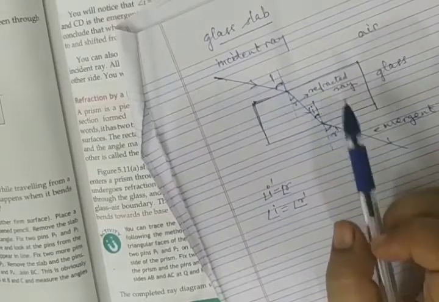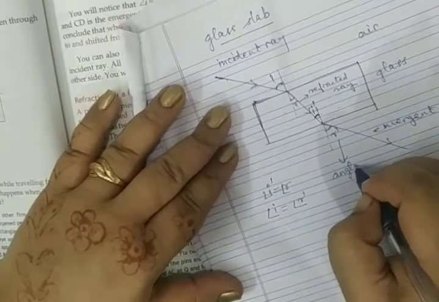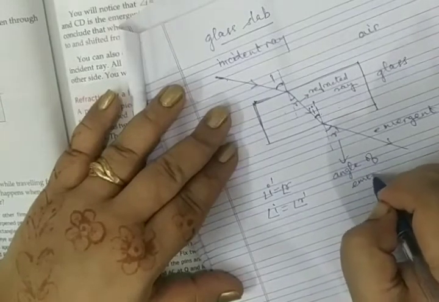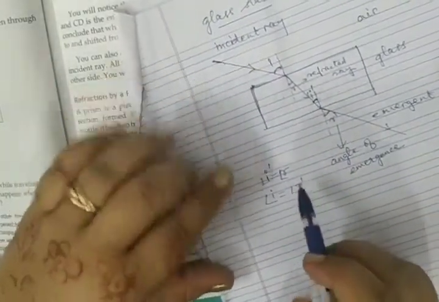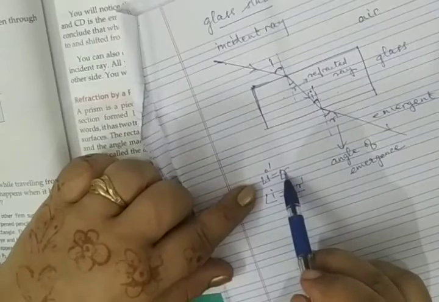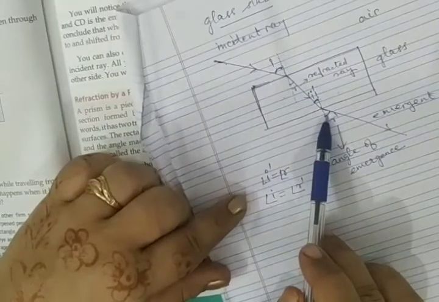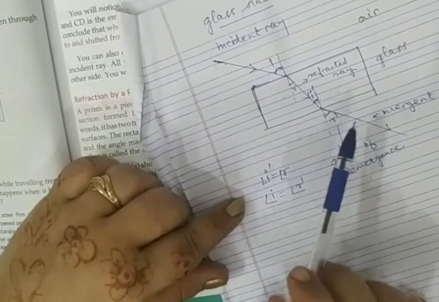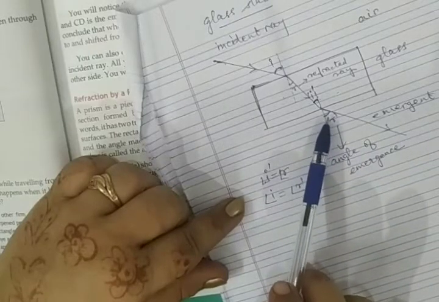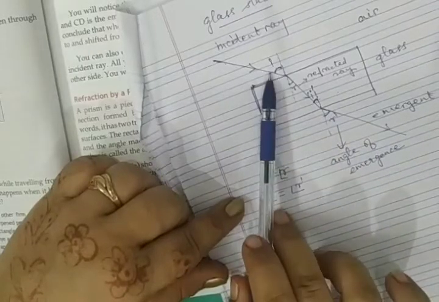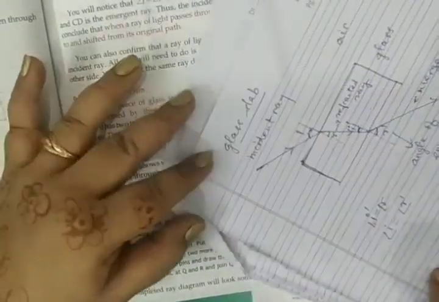I is the angle of incidence, and R dash is known as the angle of emergence. So these are the observations. Angle I dash is equal to angle R, that means these two are equal, and I is equal to R dash. That means the light ray that is coming out is making the same angle with the normal as the angle of incidence. So the angle of emergence is equal to the angle of incidence.